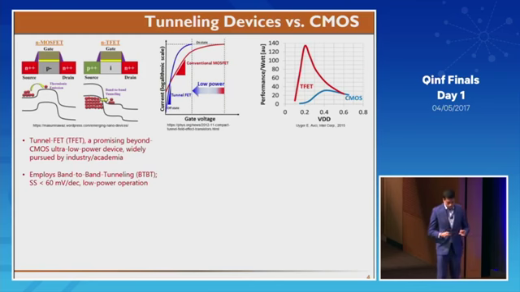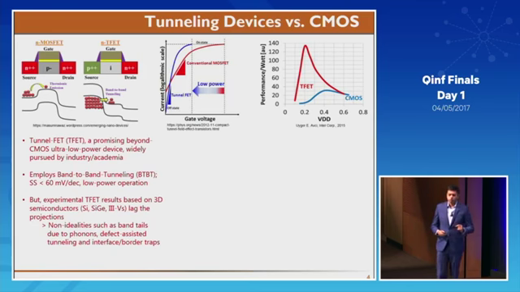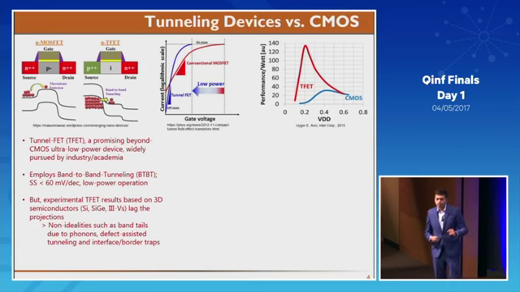to CMOS. But the experimental results so far on tunnel FETs based on heterostructures of these 3D semiconductors, such as silicon, silicon germanium, and III-Vs, lag the projections. And that is because of several non-idealities, such as band tails due to phonons, defect-assisted tunneling, interface and border traps, and so on.